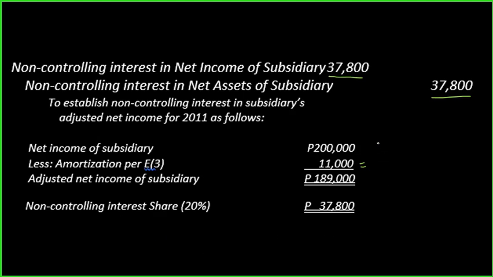Saan ba ako pwedeng mag-compute? Dito na lang. Let's try to erase this. Let's compute for your consolidated net income, yung total consolidated net income as far as the parent is concerned, and your NCNIS or minority interest net income.